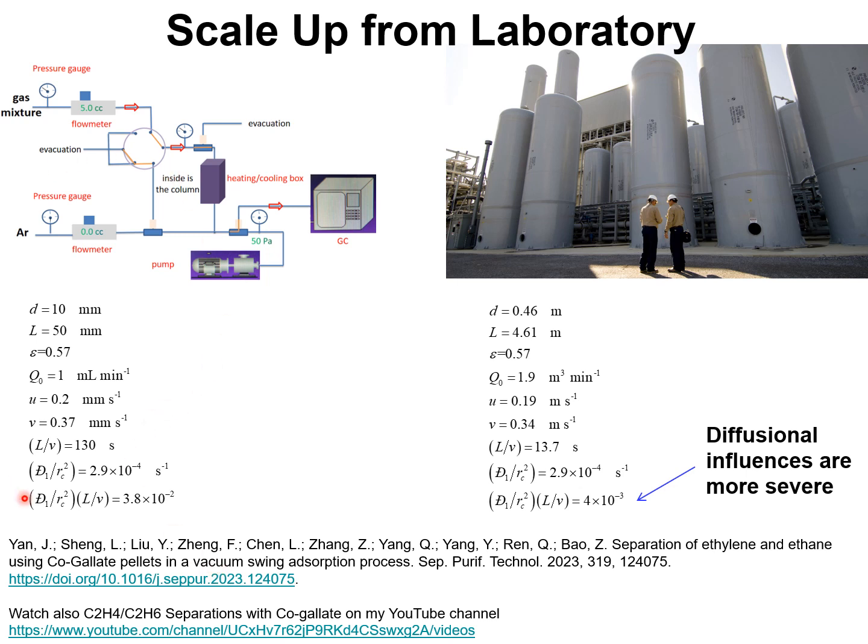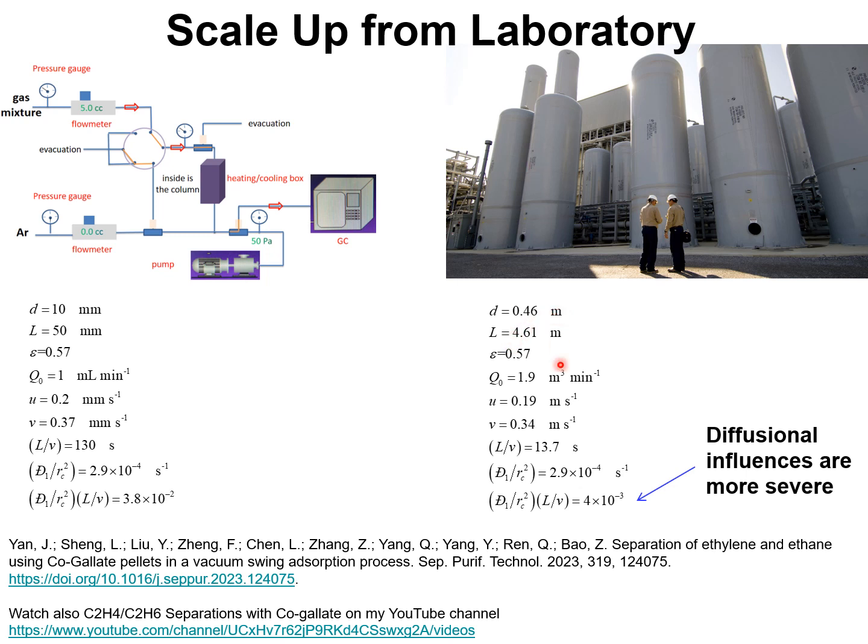Let's turn to the industrial scale unit that has been simulated in this paper. The column diameter is 0.46 meters.